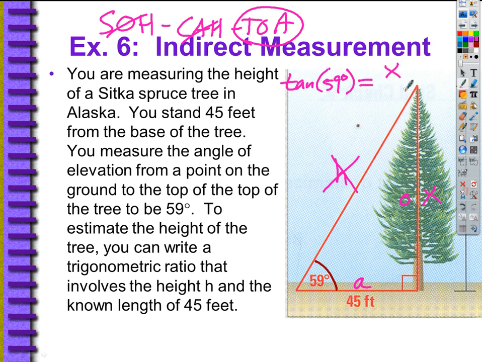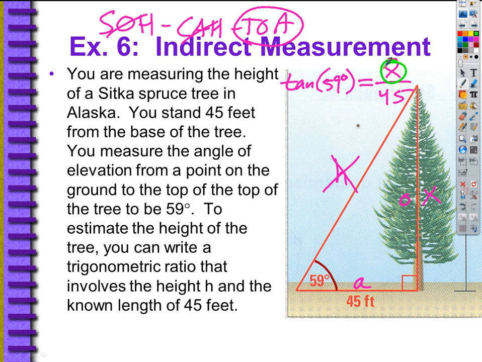I think we call it height too would be fine, but we'll just call it x, over adjacent, which was 45. Okay, now algebraically, this is a little weird, but how do we isolate that x? What do I have to do to get it by itself algebraically?